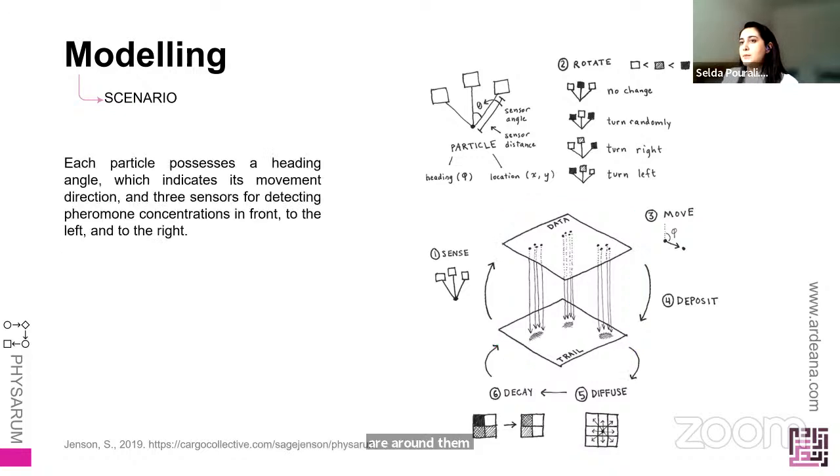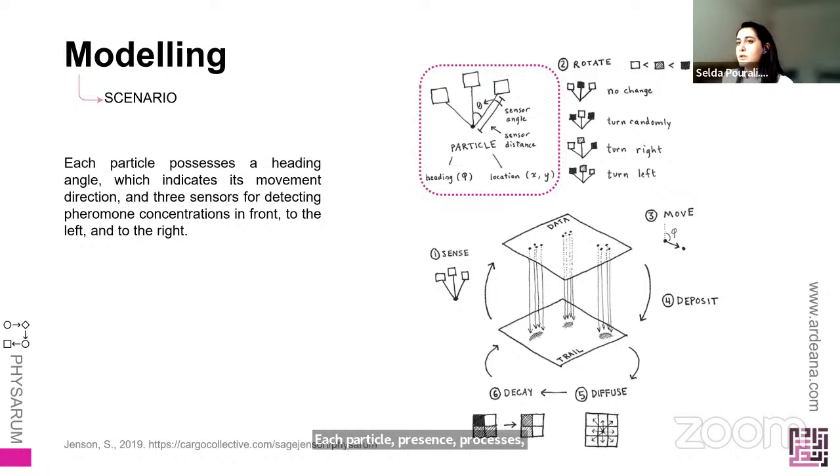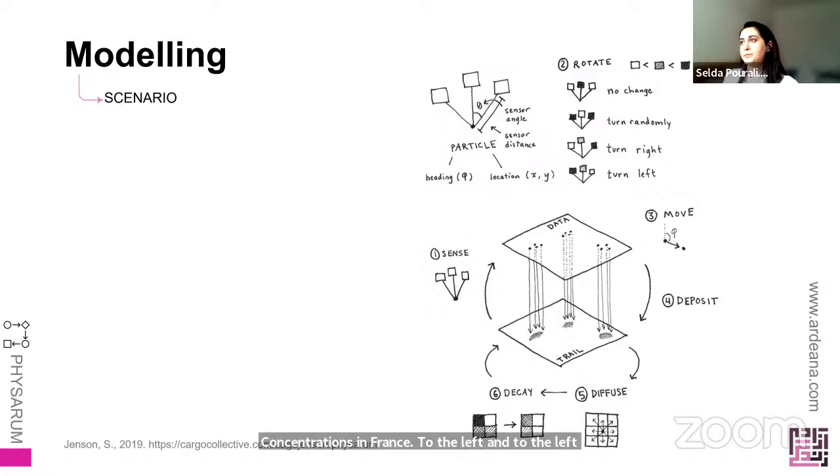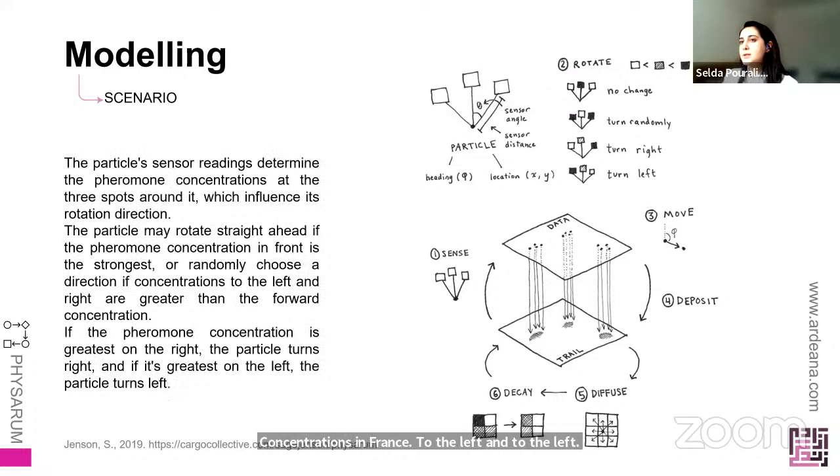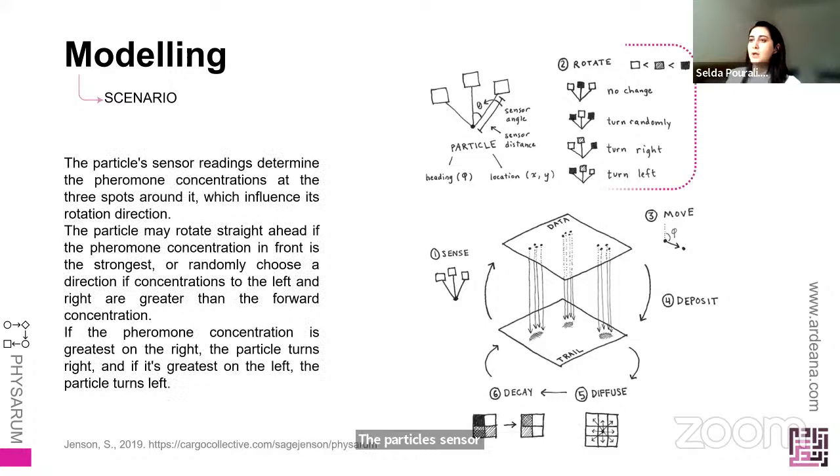Each particle possesses a heading angle, which indicates its movement direction, and three sensors for detecting pheromone concentrations in front, to the left, and to the right. The particle's sensor readings determine the pheromone concentrations at the three spots around it, which influence its rotation direction.